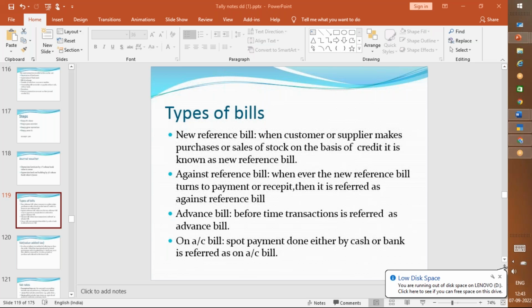Any doubts, class, on these bills? Are you done? Just put 1 if you're done. Go to the next topic.